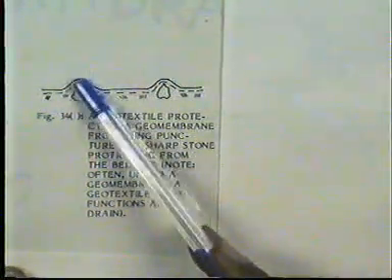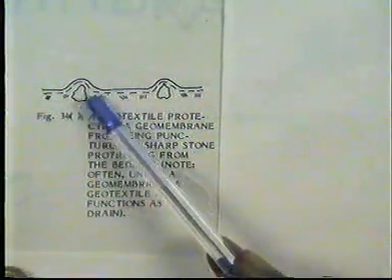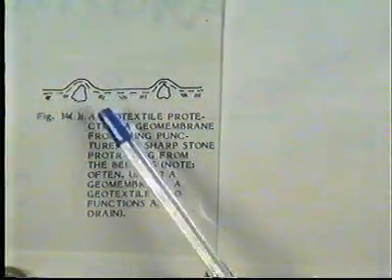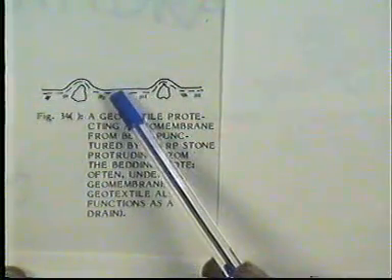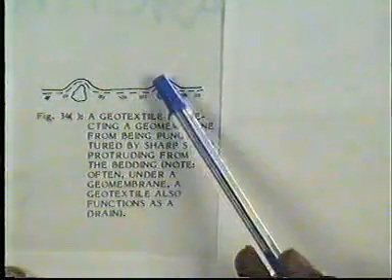A geotextile also functions as a drainage. So here the geotextile's main function is as a cushion and also the secondary function as the drainage.